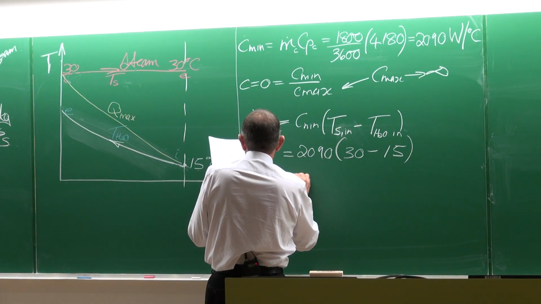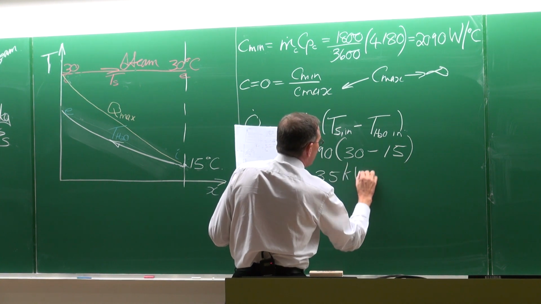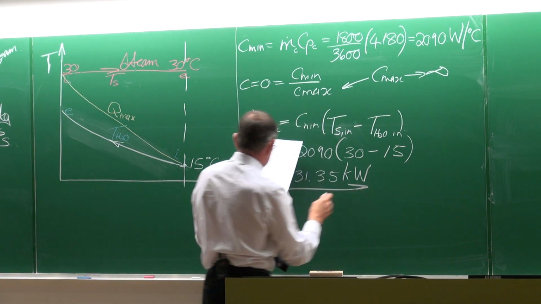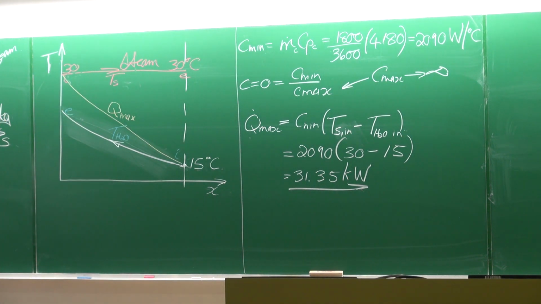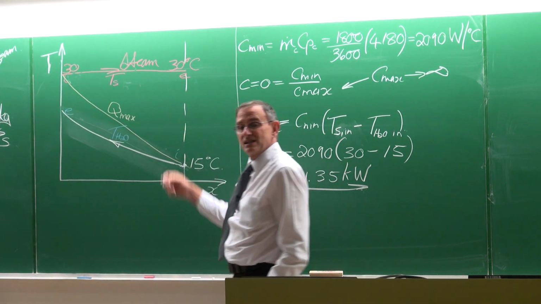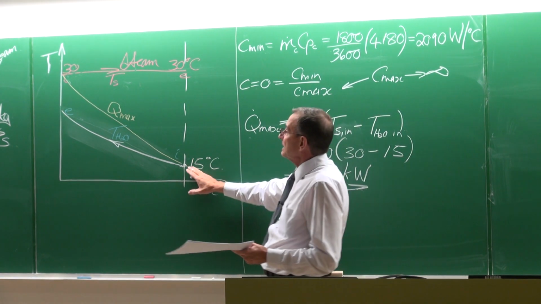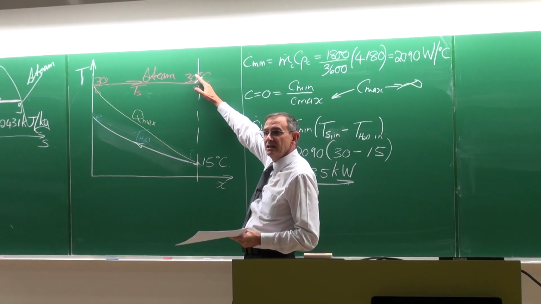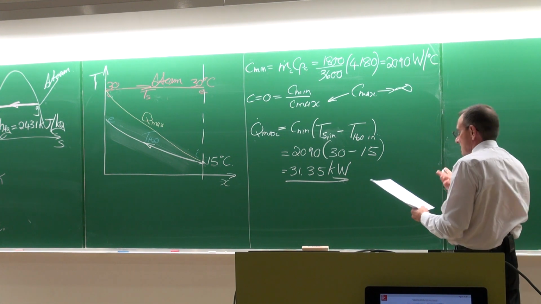That would be equal to 31.35 kilowatts. So now we know the maximum possible capacity that the heat exchanger can have, just because of the inlet temperature and the condensing temperature. Those are the two thermodynamic limits that we have.